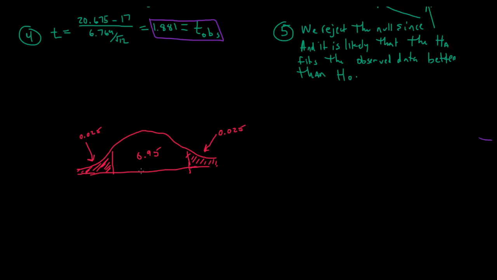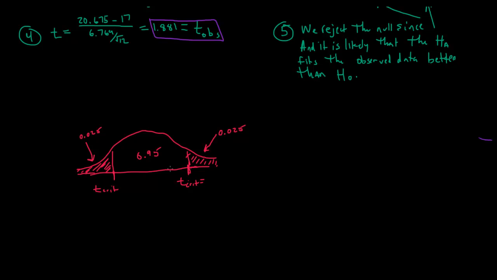So I want to figure out what these two critical values are. T critical right there, and T critical right there. What are those? Again, I go back to my book real fast. We have degrees of freedom still 11. Our sample size is 12, n minus 1 is 11.